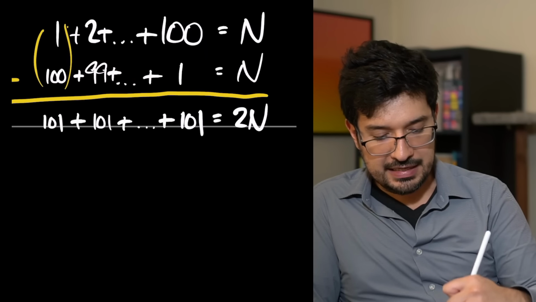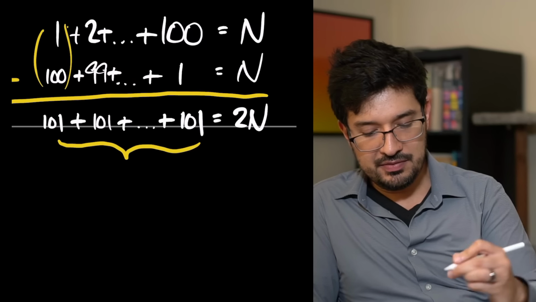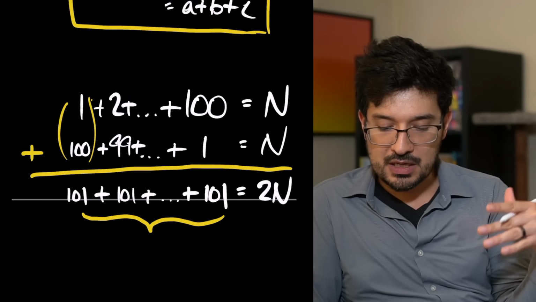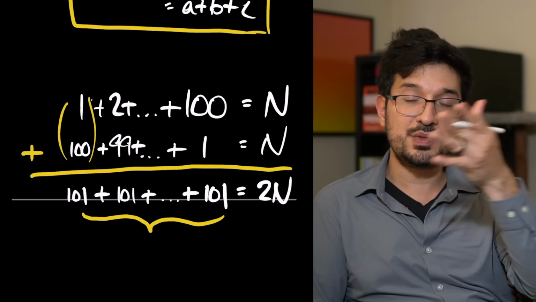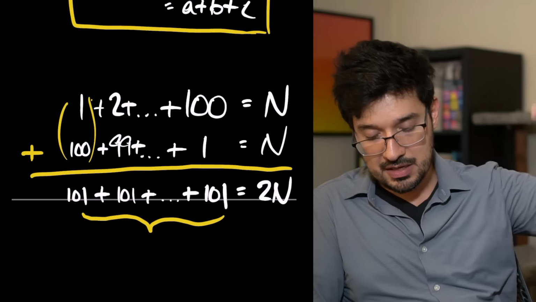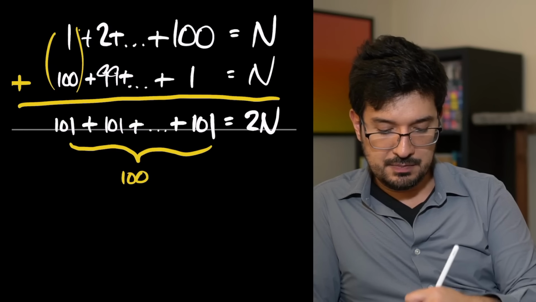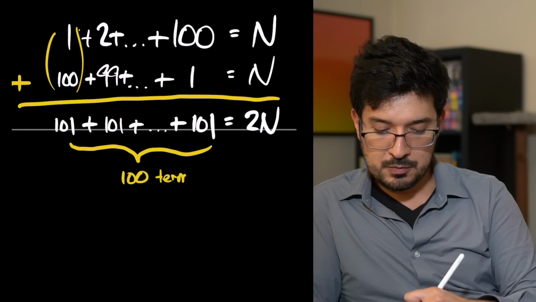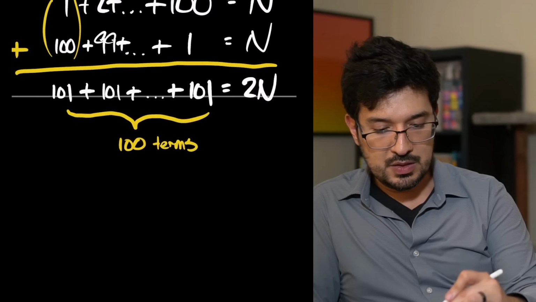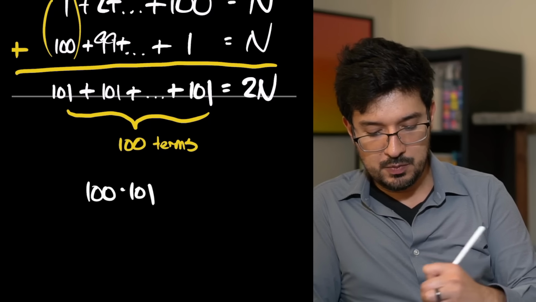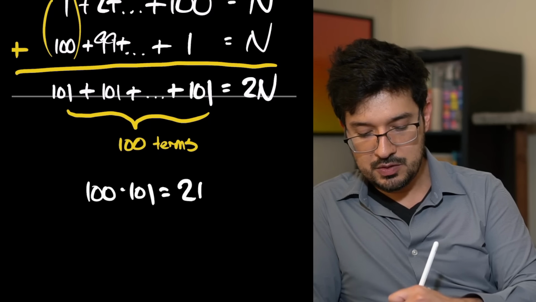Well, how many numbers are there in this list? It would be the same as the original list, 1, 2, 3, 4, 5, 6, 7, 8, all the way up to 100. So there's 100 terms in this. So then that means 100 times 101 equals 2n.